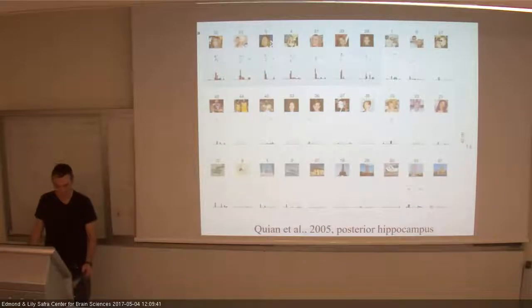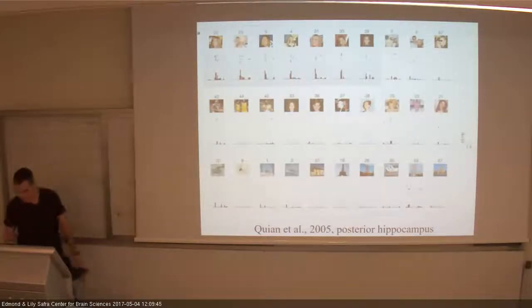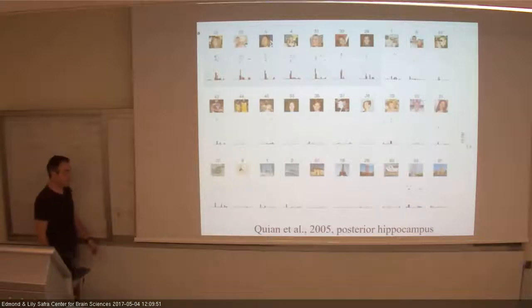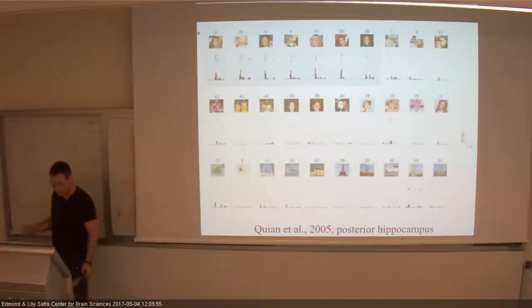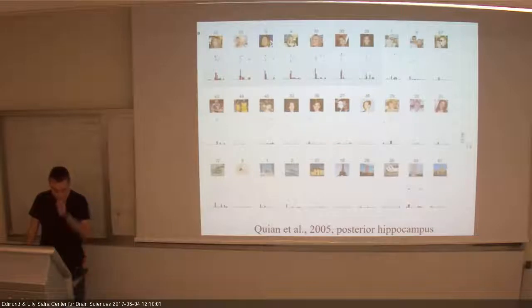And so he has many Nature and Science papers describing responses of single neuron recordings from different brain regions in response to different stimuli in the human brain. So this is the background.